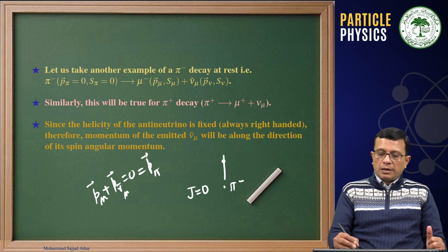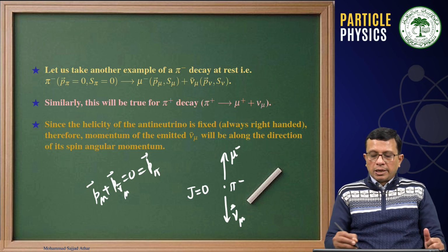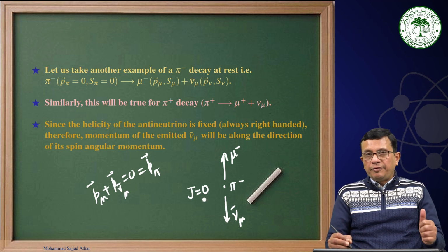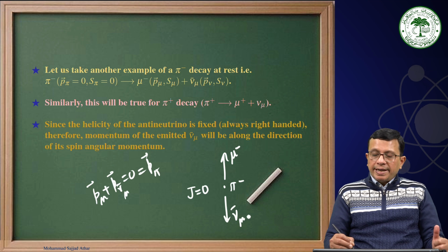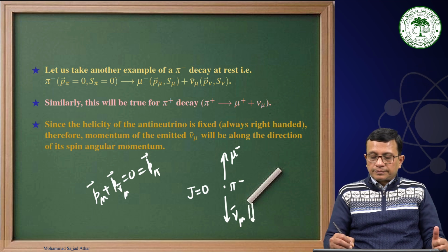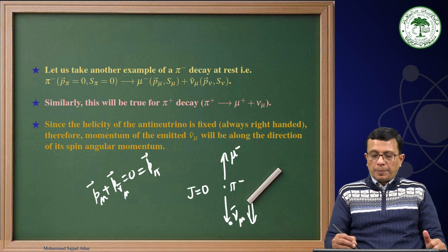Therefore, say the muon is going in this direction and the antineutrino is going in this direction. J is 0 and we cannot violate the total angular momentum conservation law. Now you see what I am telling you: all the time antineutrinos are right-handed. That means the spin is along the direction of the momentum of the particle.